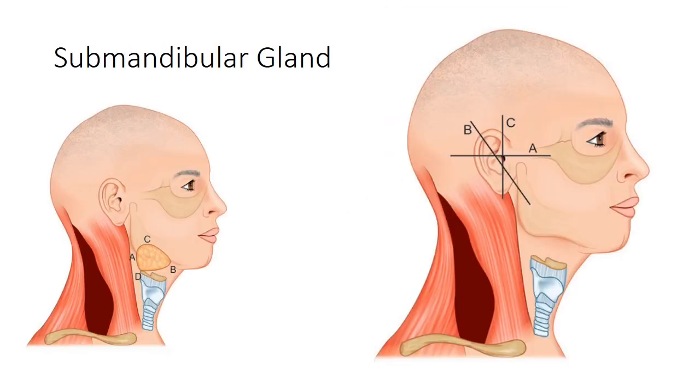Now we have the submandibular gland. So this is the submandibular gland. In the submandibular gland we have a point below the angle of the mandible, right? Then the point between the angle of the mandible and the symphysis menti, that is point B. Then a point 1.5 centimeter above the angle of the mandible, that is point C. And we have the point D, that is the point near the posterior end of the tip of the cornu of the hyoid bone.